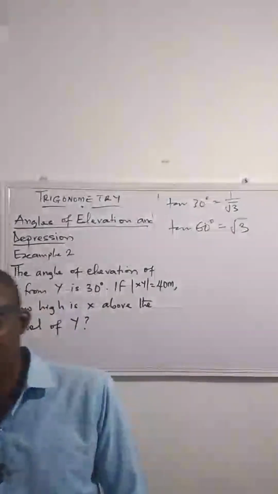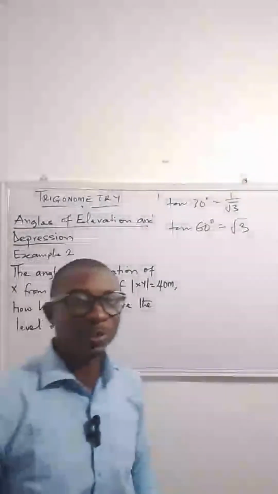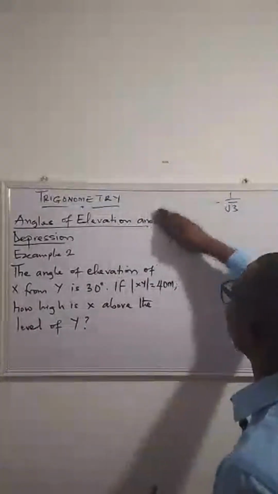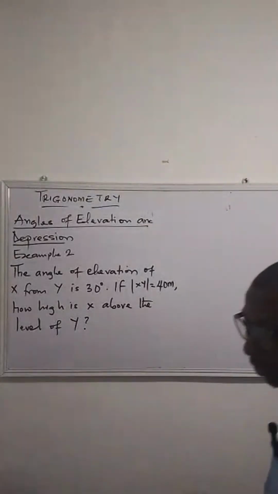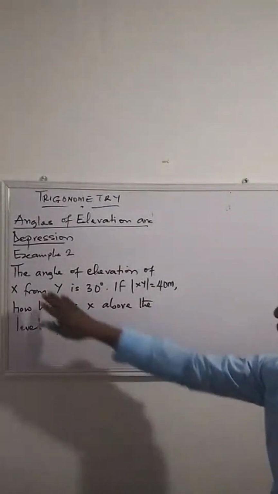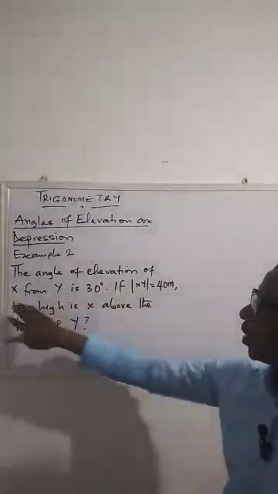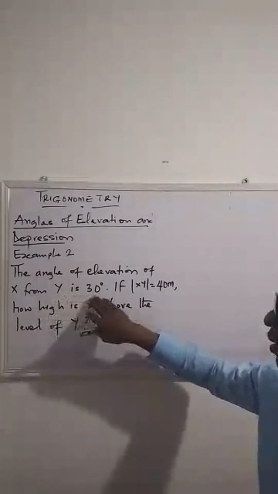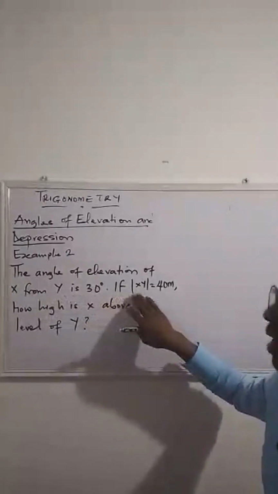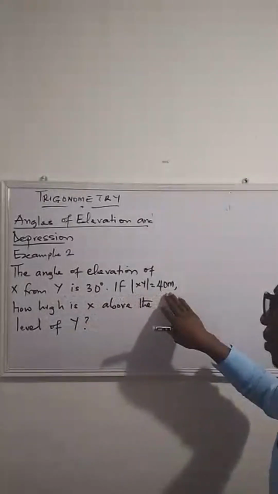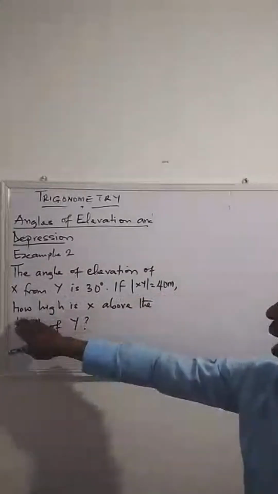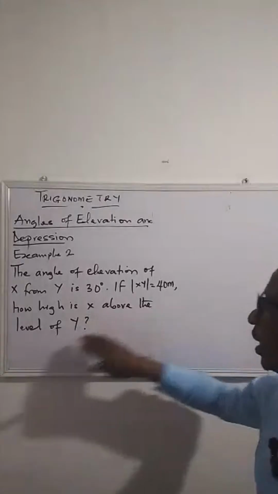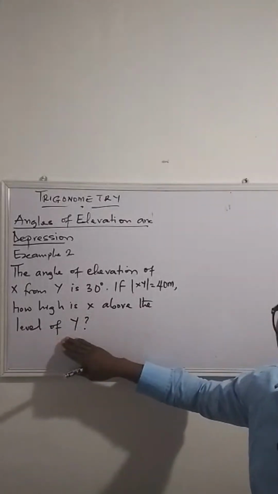Okay, this is another wonderful question. Now this question is under angle of elevation. Now let's look at the question together. The angle of elevation of x from y is 30 degrees. Now if length xy is 40 meters, how high is x from the level of y?